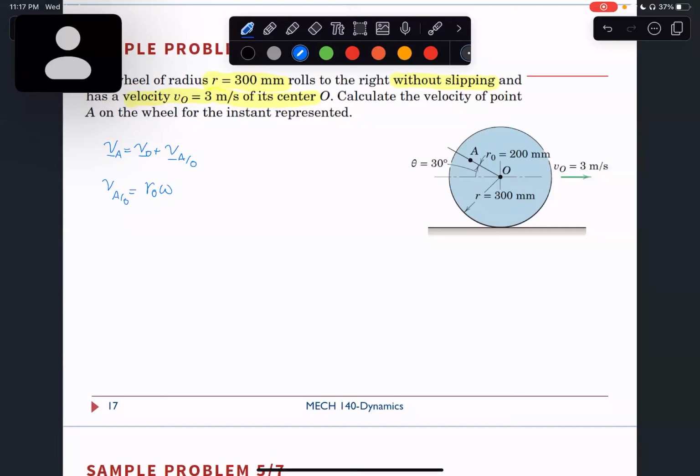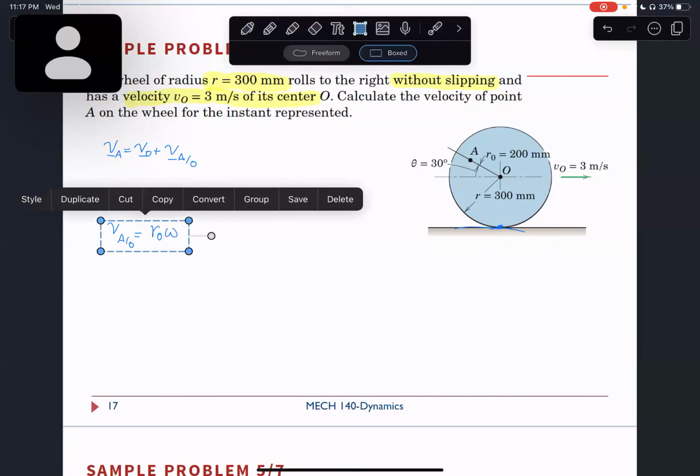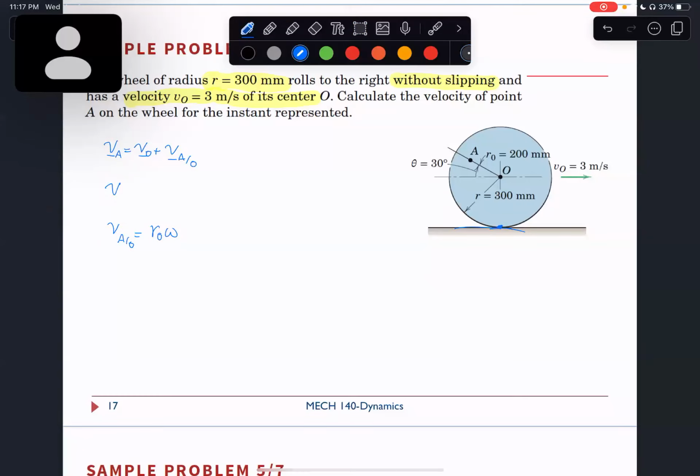So omega, I know that this point is not slipping, right? That means for this moment, this point has no velocity, because the velocity of this point on the wheel should be the same as the velocity of this point on the surface. The surface is not moving, so this point shouldn't be moving. Before I do this, I want to find omega. I can write VO is equal to omega R, or R omega.